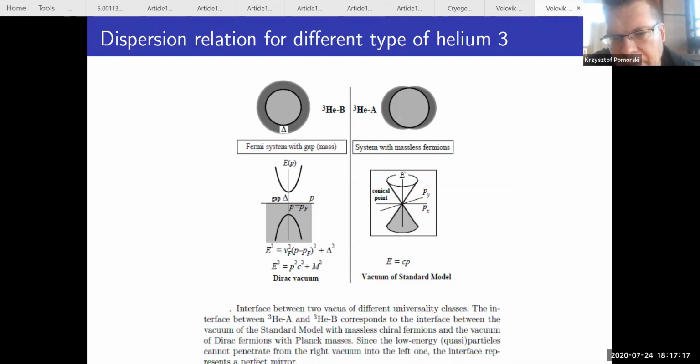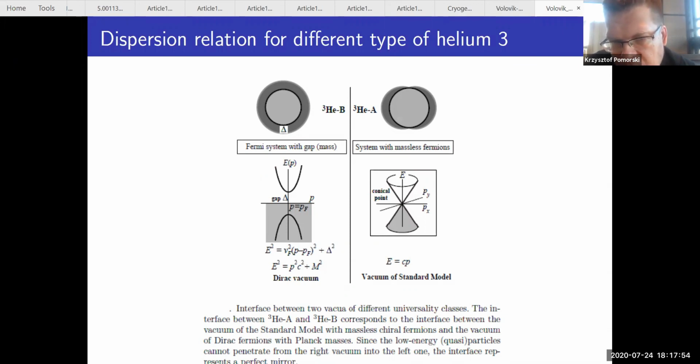If we apply a kind of Bogoliubov-de Gennes equations for the system, we get a much different excitation spectrum. So in a sense, in this isotropic helium-3B, we got excitations that are a bit similar to the structure of excitations you obtain from the Dirac equation, and thus we can talk about the Dirac vacuum.